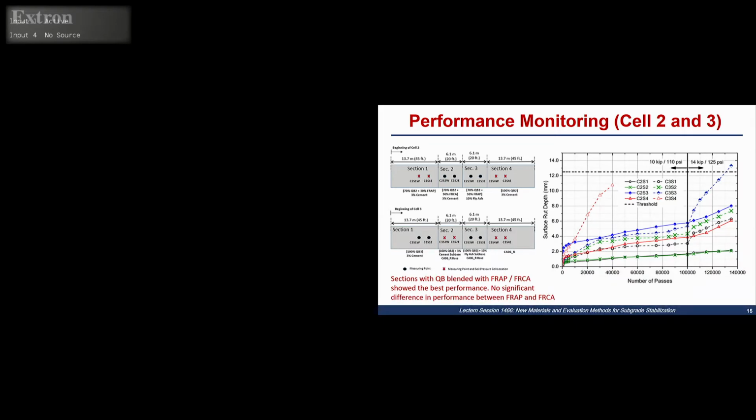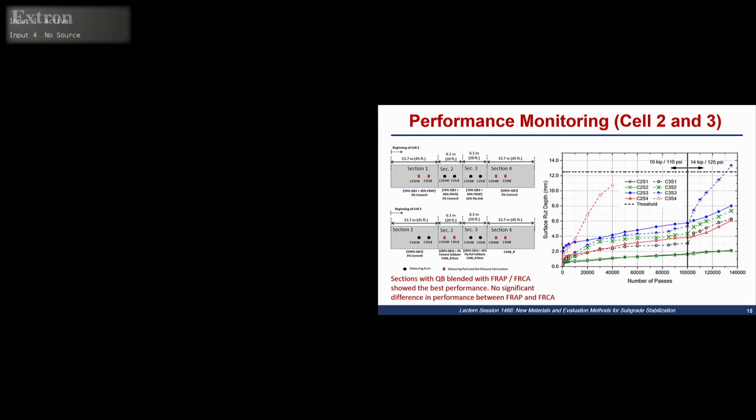As you see, the rut profiles were taken at frequent numbers of passes, up to 135,000 passes, and this is at 100,000 passes where the load and the pressure of the tire were increased. The two lower graphs are the first two sections in cell 2, the ones that have the quarry by-product with RAP and cement, or quarry by-product with RCA and cement. And the surface rut after 135,000 passes was a little over 2 millimeters only.